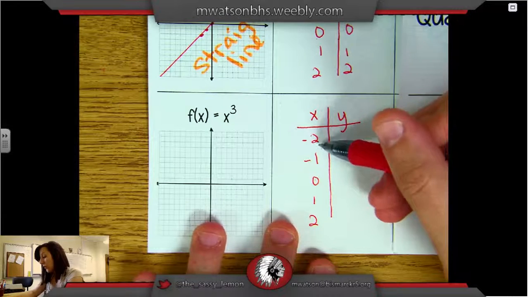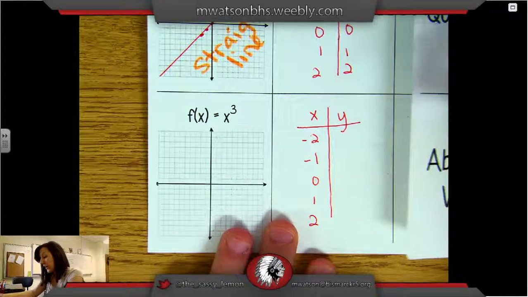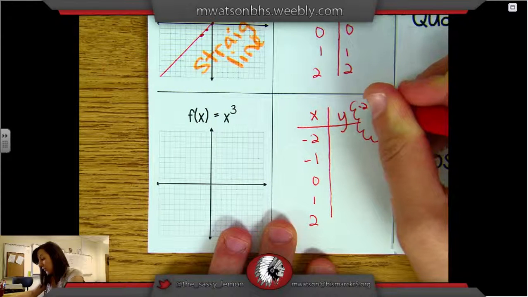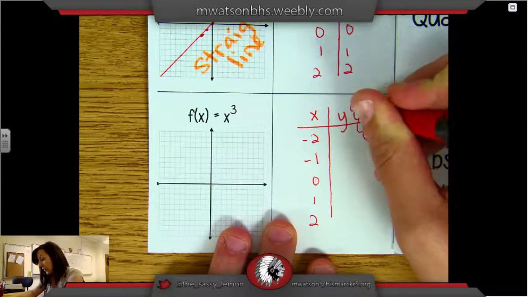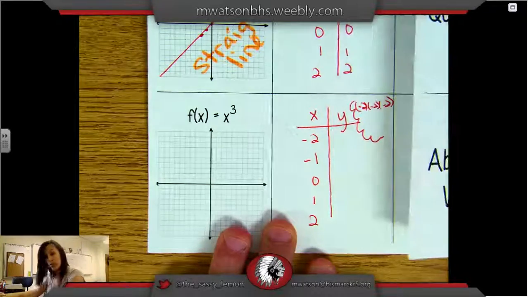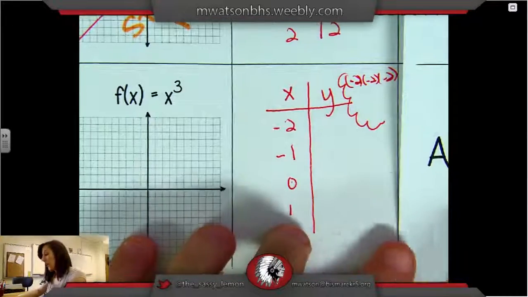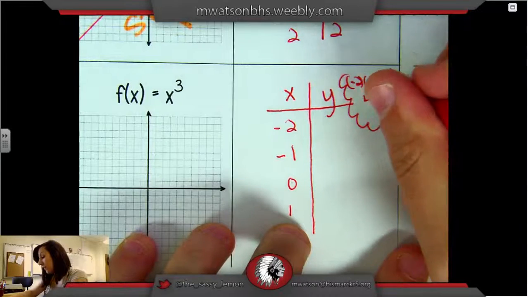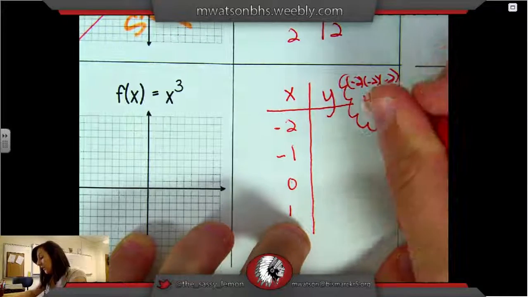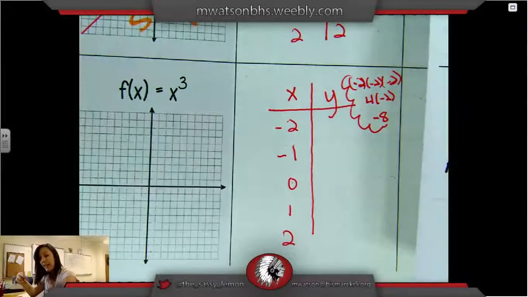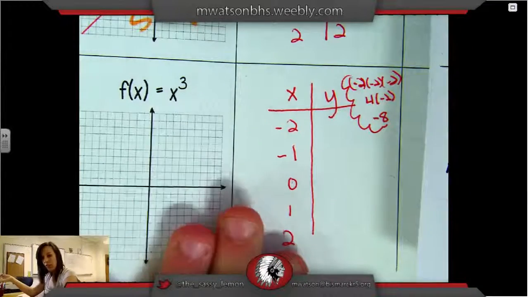So when you cube -2, I'm going to do a little thought bubble up here. That means -2 times -2 times -2. So that's the same as +4 times -2, which is the same as -8. So when you cube something and it's negative, it's going to stay negative.